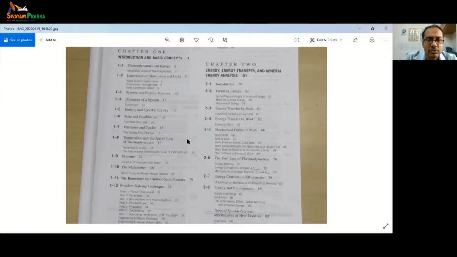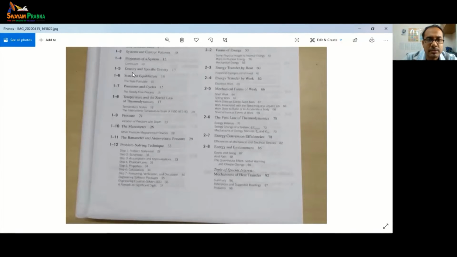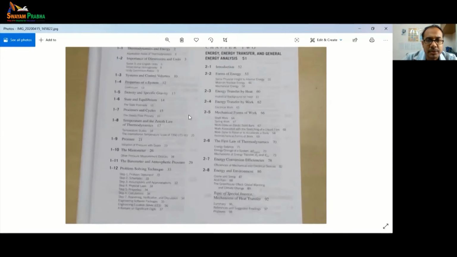We will also go through a few definitions of density, specific gravity, and the concept of temperature, which is based on the zeroth law of thermodynamics, and then pressure, how to measure pressure through a manometer, and other definitions of pressure.